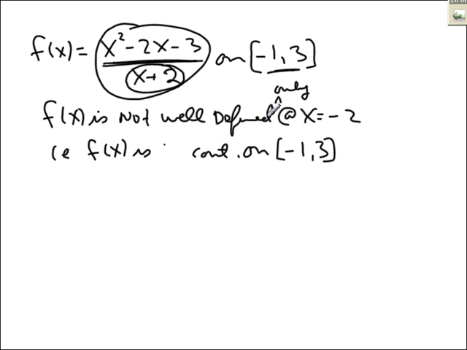If the numerator and the denominator are polynomials, it's discontinuous only where the denominator is 0, which is -2. But -2 is not in our interval. So criteria 1 has been met. f of x is continuous. Now they want to know about differentiability. What I might do is try to see if I can factor f of x.